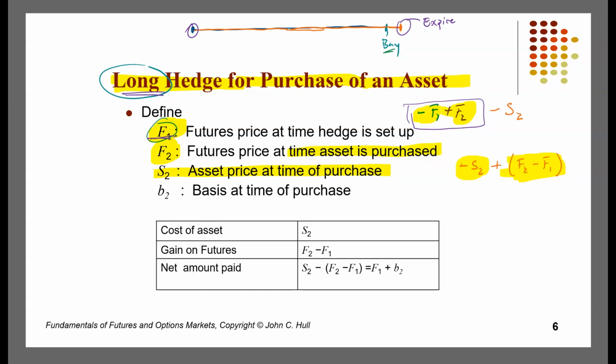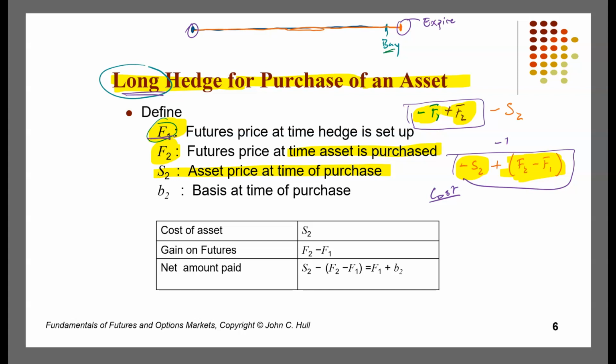Overall this is going to be a cost, because that's what I'm spending. To reflect it as a cost, I'm going to multiply this whole thing by minus 1.